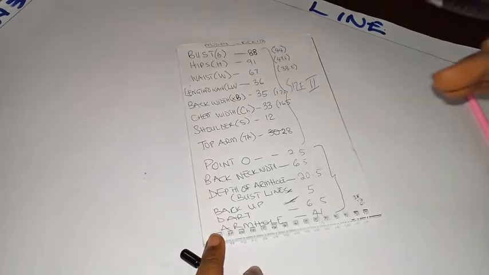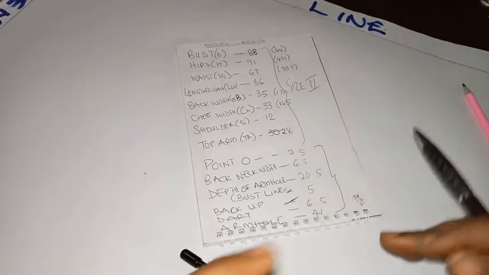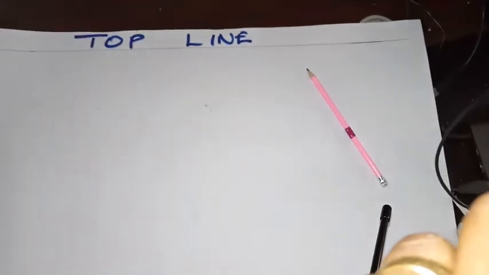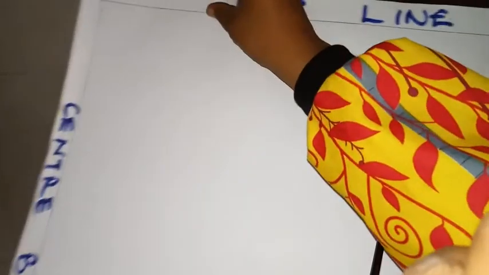So the next step is to create a border. Let's keep this for now. You are going to create a border on your paper. I prefer white paper because when you are working you see it clearly, but you can use brown paper or any other color. At the top, you are going to measure 3 cm. I just want to create a border so that the pattern will look neat.